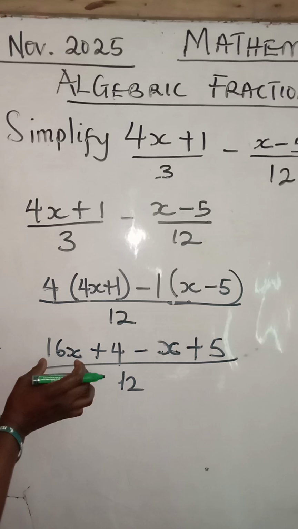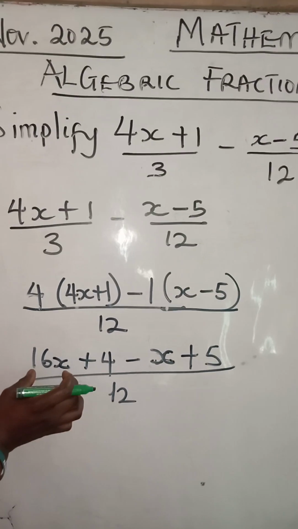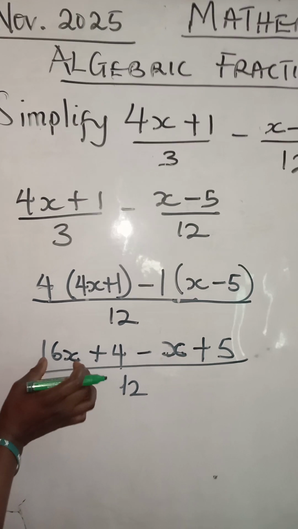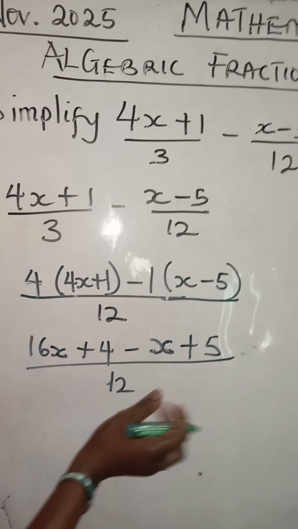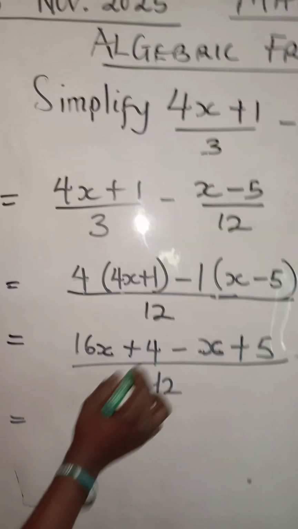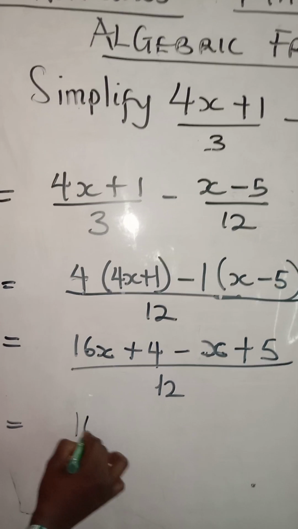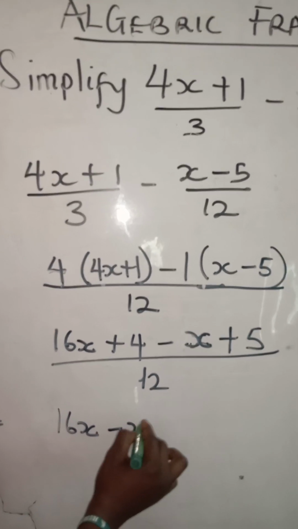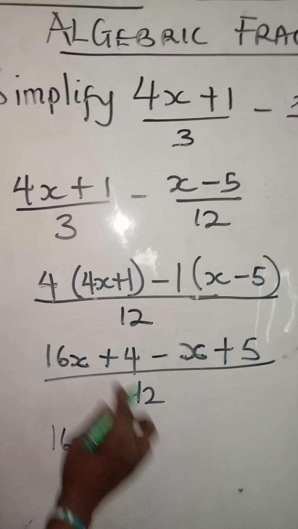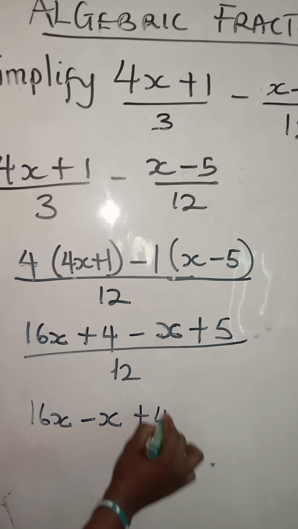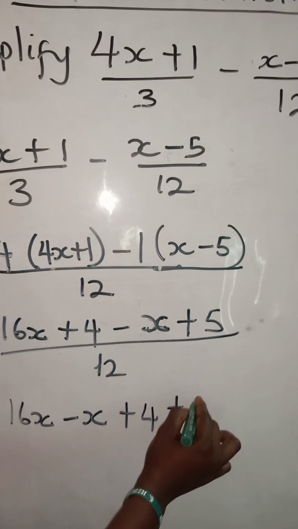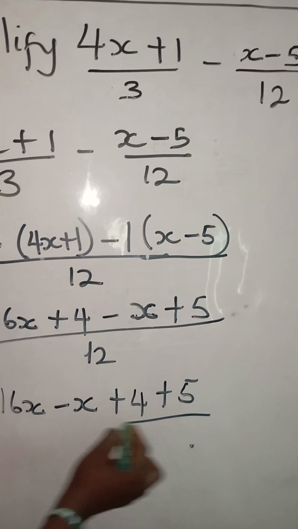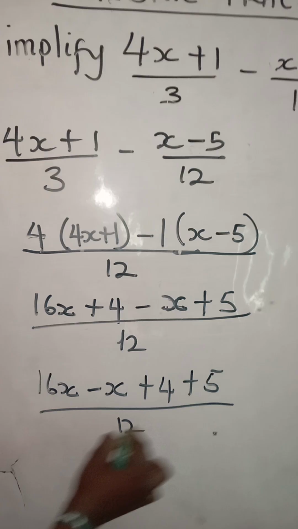We have numbers with letters, variables, and we also have single numbers. So we'll be collecting like terms by having 16x closer to minus x, plus 4 plus 5, all over 12.